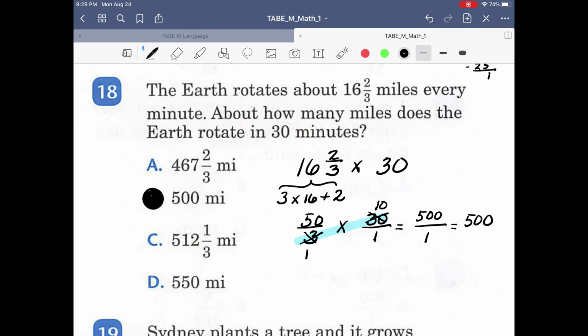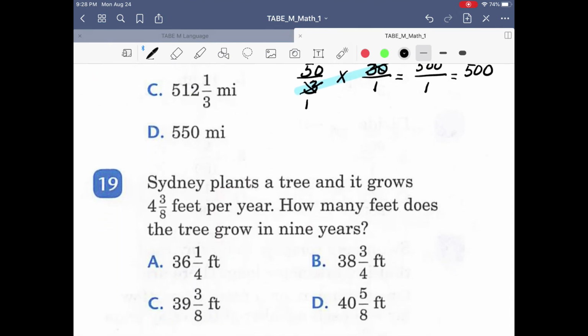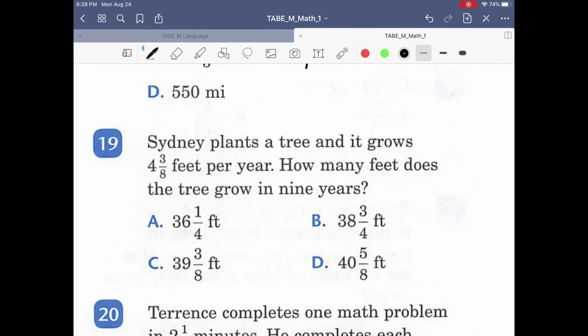Number 19. Sydney plants a tree and it grows 4 3/8 feet per year. How many feet does the tree grow in 9 years? So 4 3/8 multiplied by 9.